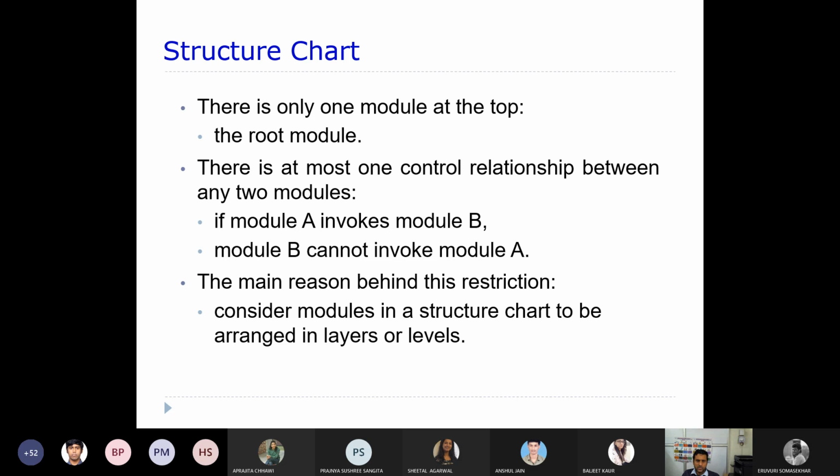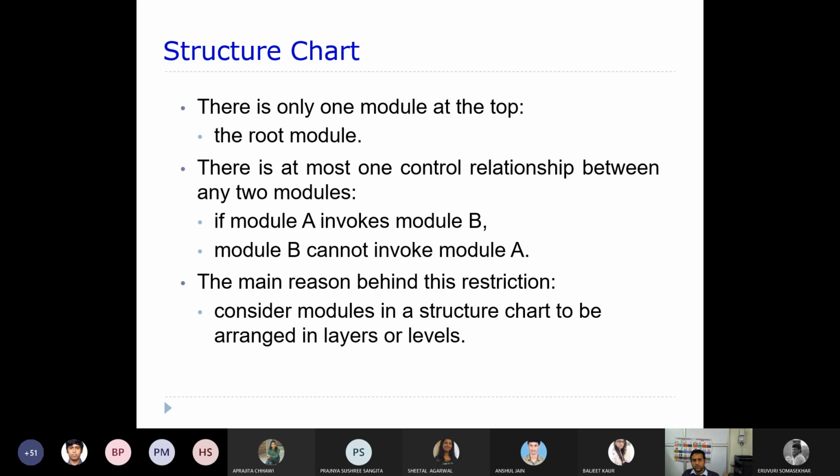The main reason behind this restriction is that modules in a structure chart are arranged in layers or levels. So the lower level modules are not going to call the higher layer modules. That is not allowed. So it doesn't allow any symmetry.